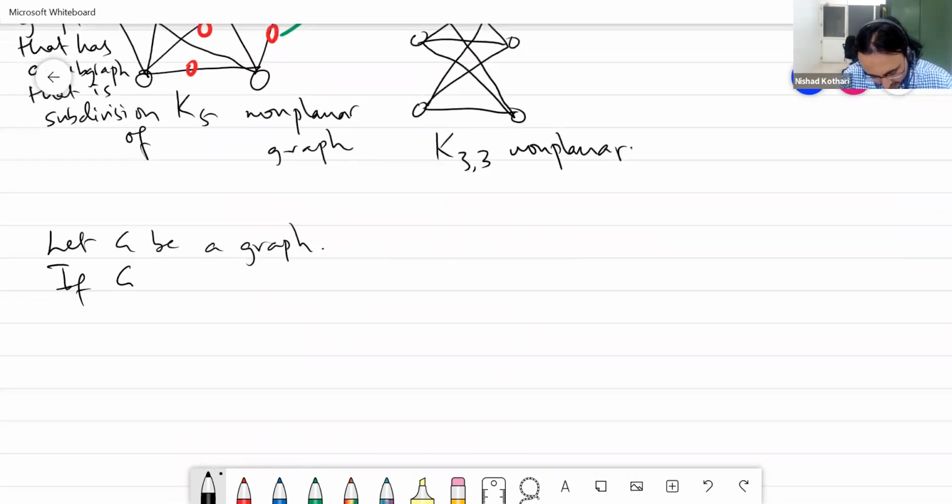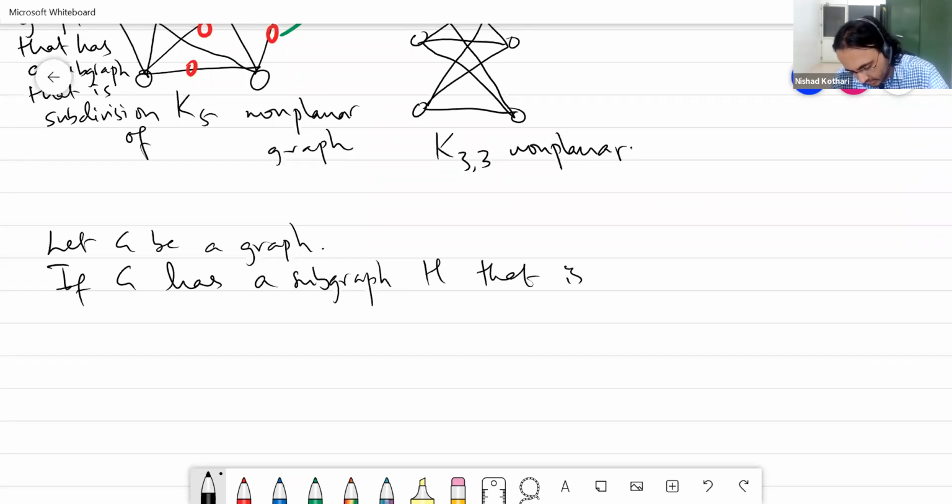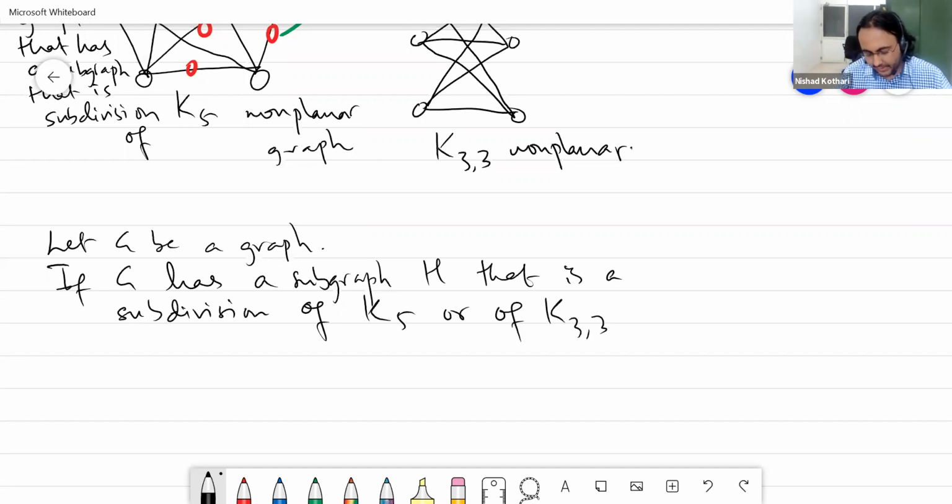If G has a subgraph H that is a subdivision of K5 or of K3,3 (of course, you can put any non-planar graph here, it doesn't matter), then you can make the statement that the resulting graph G is non-planar.